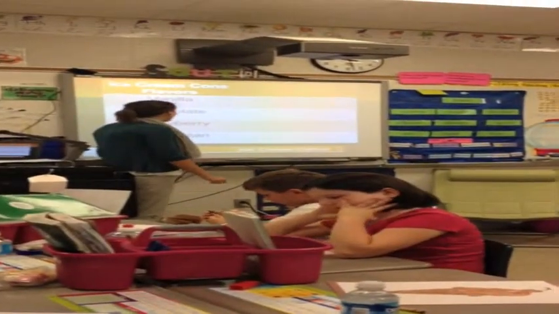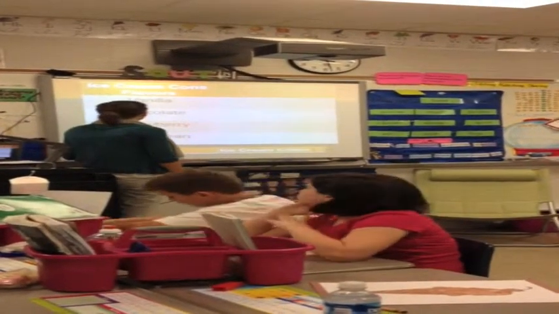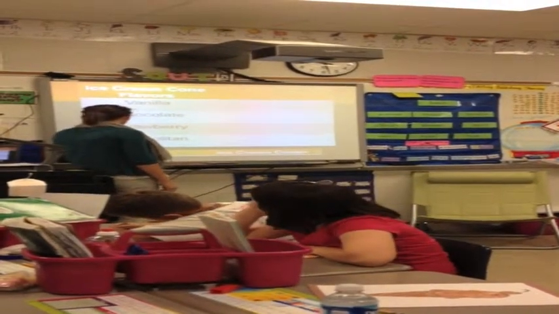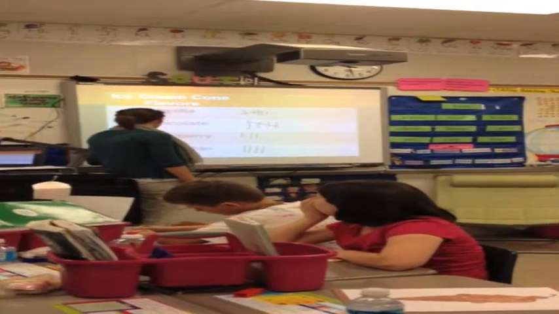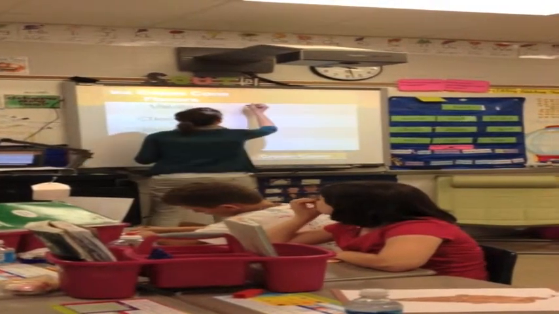If we look back at our data, how many votes did we have in vanilla? 7. We had 7. So we would draw 7 ice cream cones in vanilla.